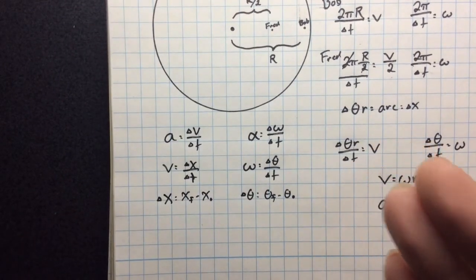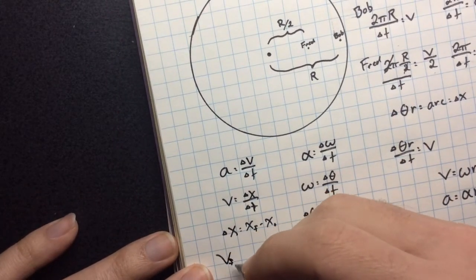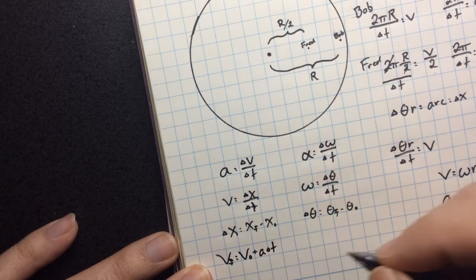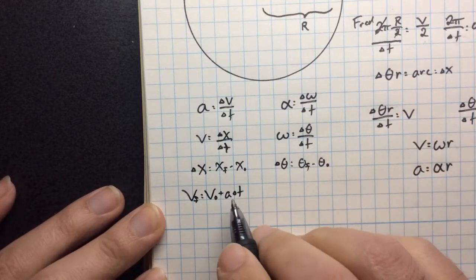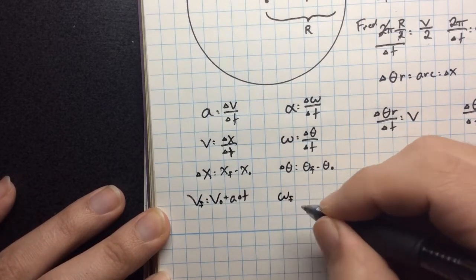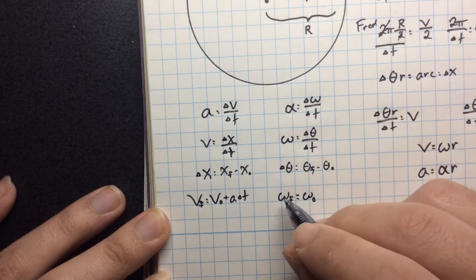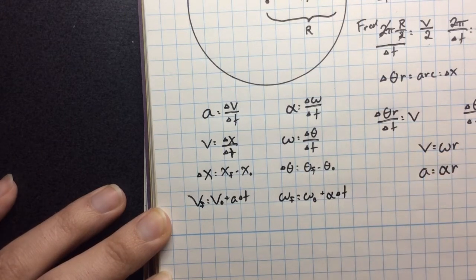So what this says is we've got these equations of motion, final velocity equals initial velocity plus acceleration times time. Well, it should hold true that if we go with acceleration to change our speed, it should hold true over here as well. So final angular velocity is equal to initial angular velocity plus angular acceleration times the change in time.